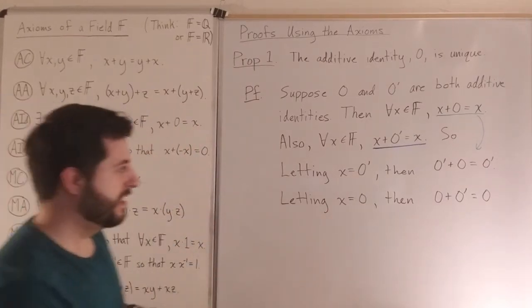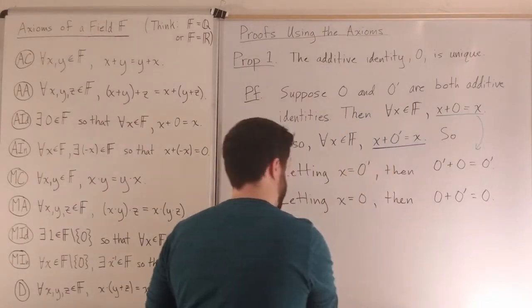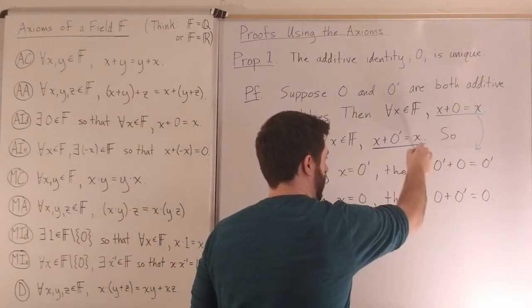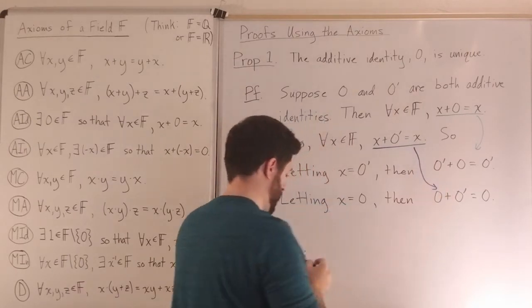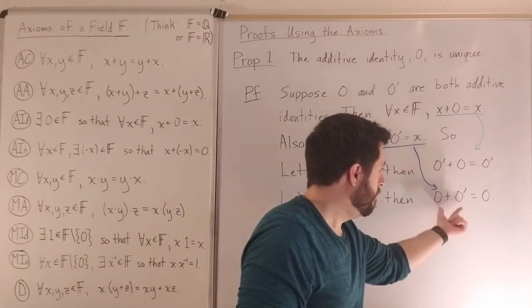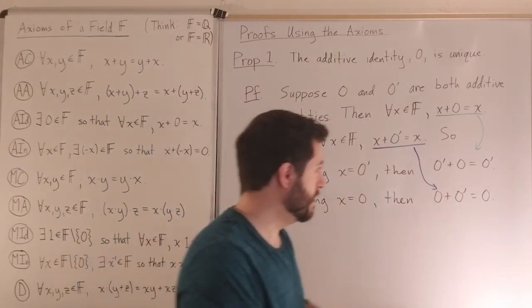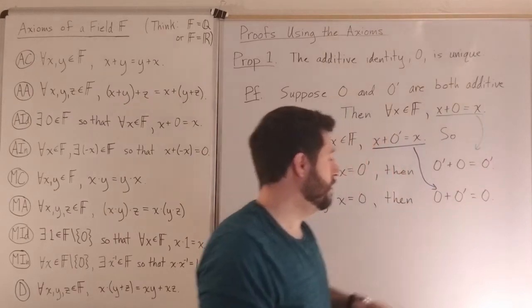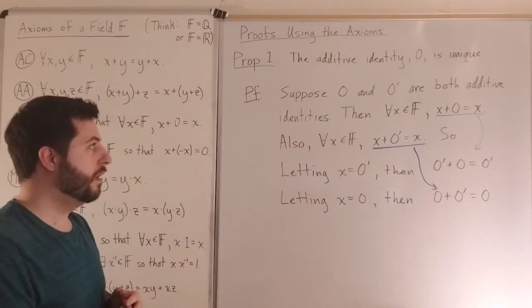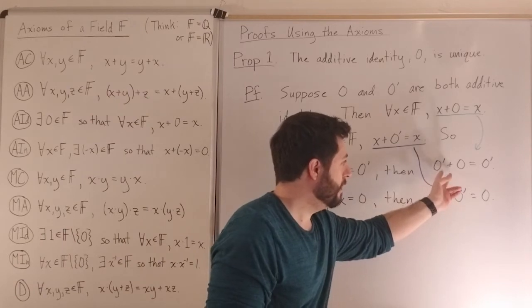So what do we notice about these two equations that we now have? The left side of them looks very similar, and we're trying to show that their corresponding right sides should be equal to each other. That's our goal. How do we get from here to here?